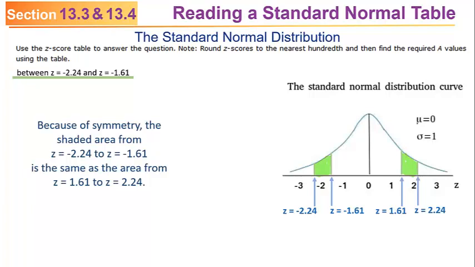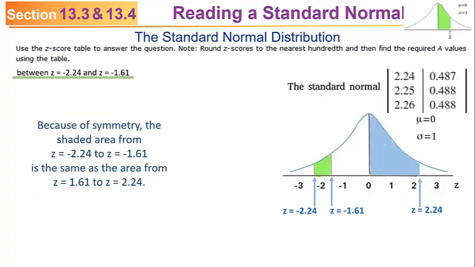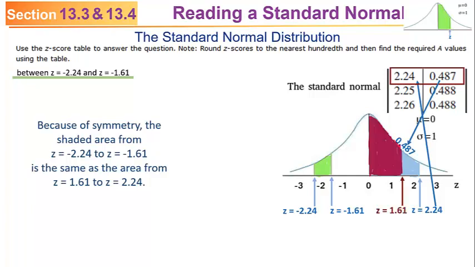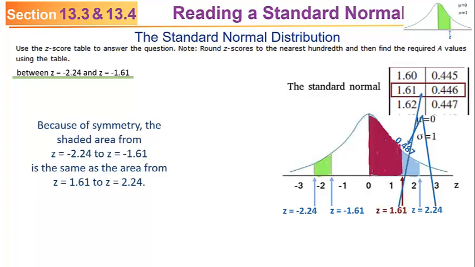You take the larger z value, look up the area, take the smaller z value, look up the area, and then subtract. So the larger is 2.24. Look it up in the table, and you'll get about 0.487. That's the area from 2.24 all the way back to 0. Then look up the smaller z value, 1.61. That turns out to be 0.446.